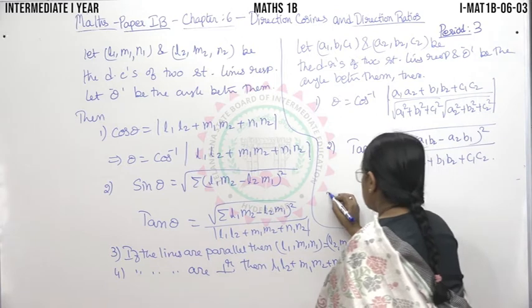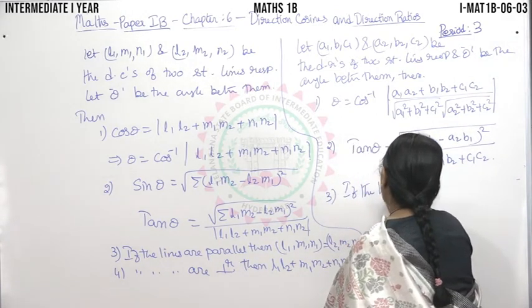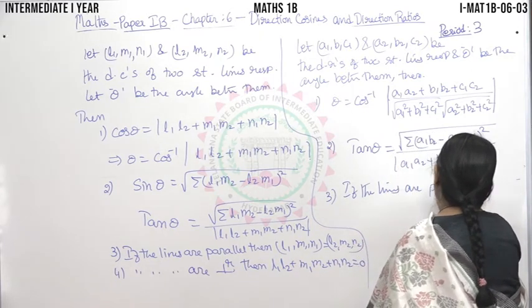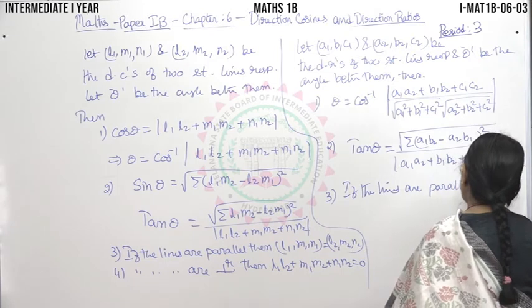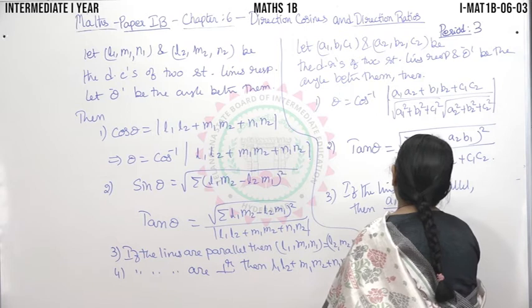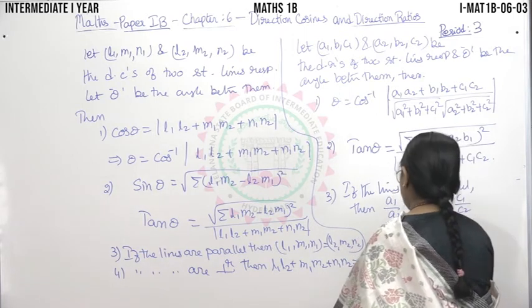Now, in the same way, if the lines are parallel, then the condition is A1 by A2 is equal to B1 by B2 is equal to C1 by C2.